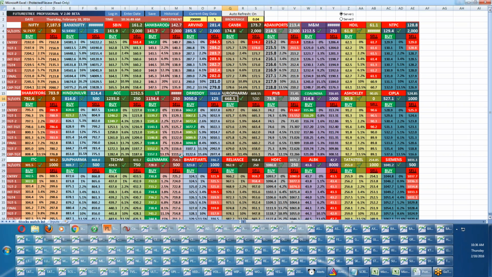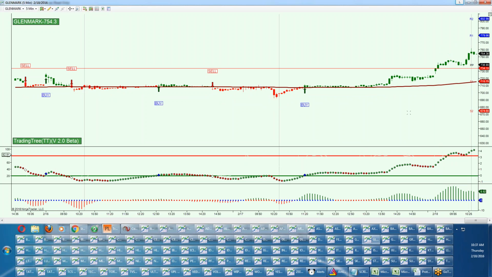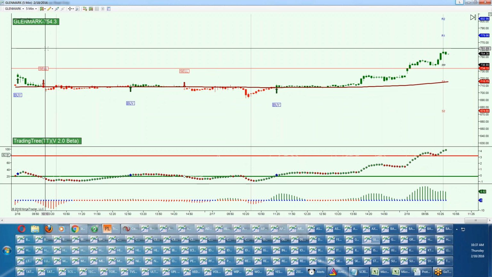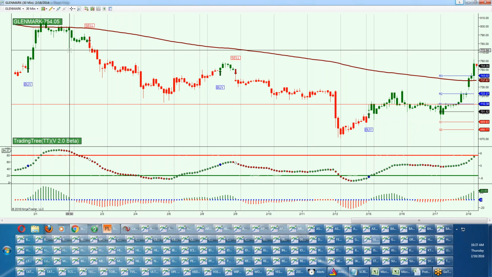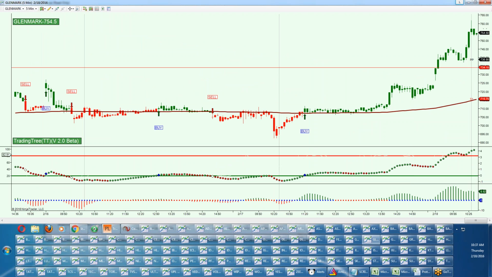Let me open that again. So 759, it's already done. So in case it's moving up, then 772 is the next possibility for a landmark. It was a real good trade. It started right from the entry.